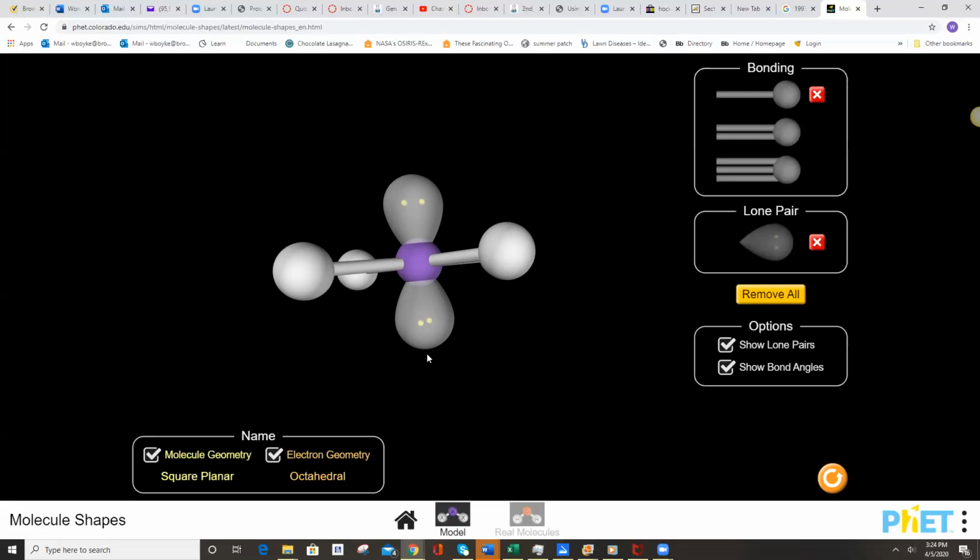The other thing that you've seen in this video, just like the first video, is that when there are no lone pairs on the central atom, you're always going to see the molecular geometry match that electron pair geometry, because all of the different positions are covered by bonds.